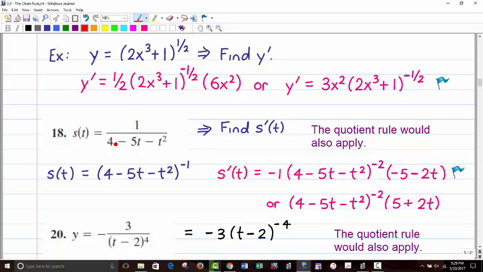So if I'm not going to use the quotient rule, if I'm going to use the chain rule, I'm going to bring this denominator up to the top, and therefore the whole thing now has a negative 1 exponent. Because if the whole thing was positive 1 on the bottom, you don't see it, but it would look like that. Then you bring it up, it becomes negative 1, and general power rule.